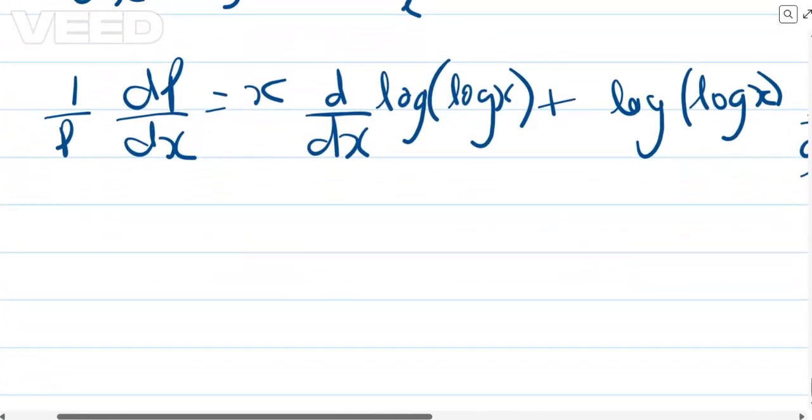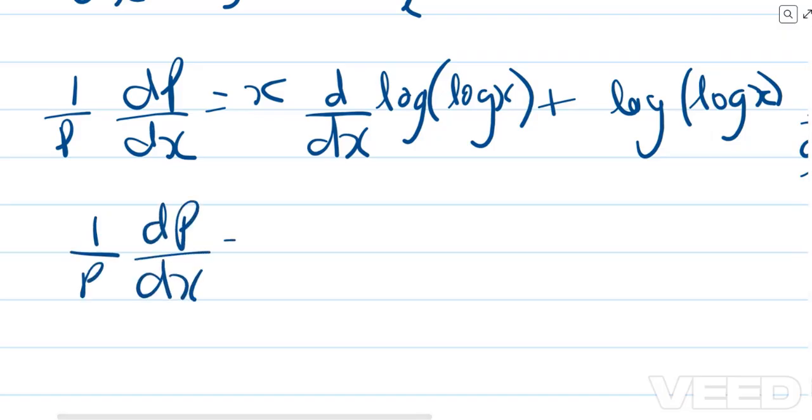Next step is we write 1 by p dp by dx equal to x times the derivative of log of log x. Here we are going to differentiate log of log x.